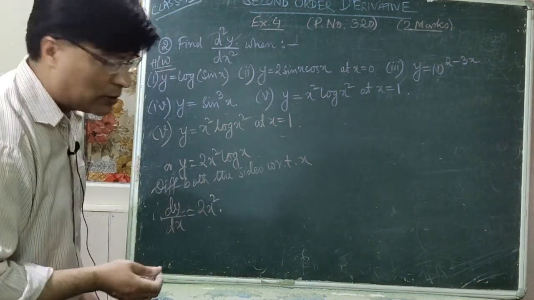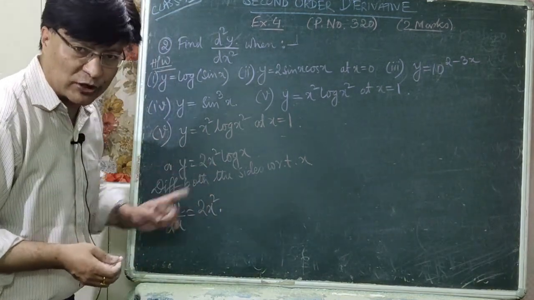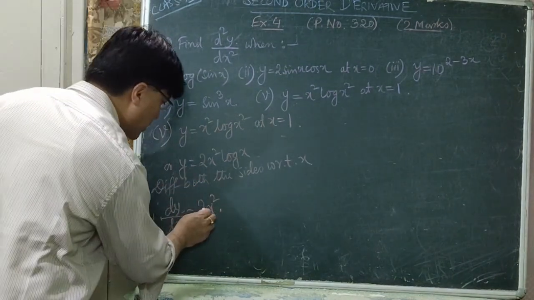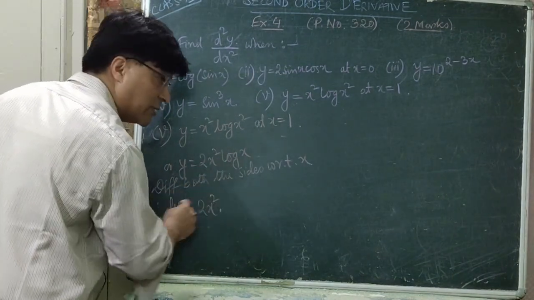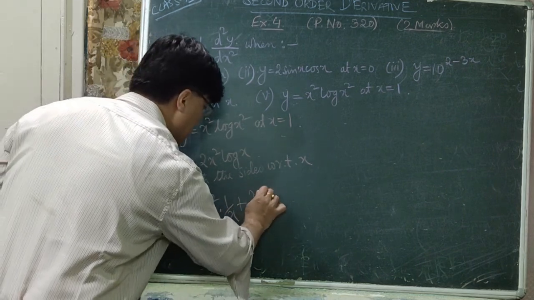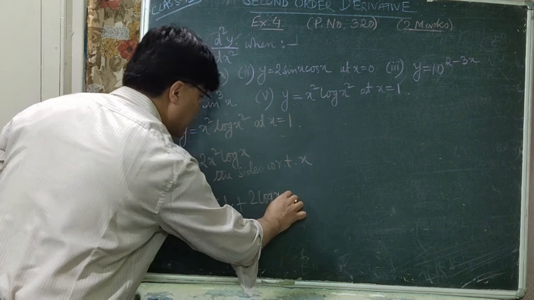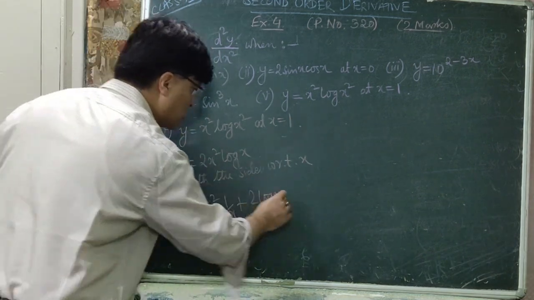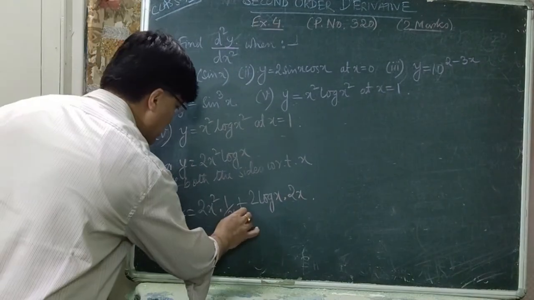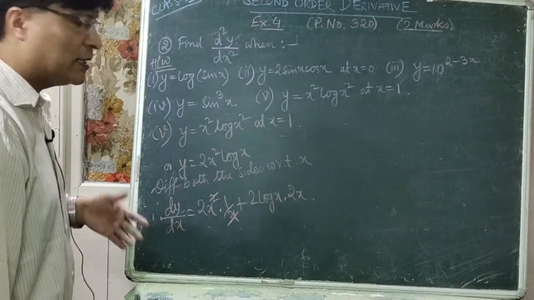You have to use UV rule. This is the product of two different functions, so you have to use the product rule in this case, or UV rule. 2x square is kept as it is. What is the differentiation of log x? 1 upon x plus, now 2 log x is kept as it is, into what is the differentiation of x square? It is 2x.